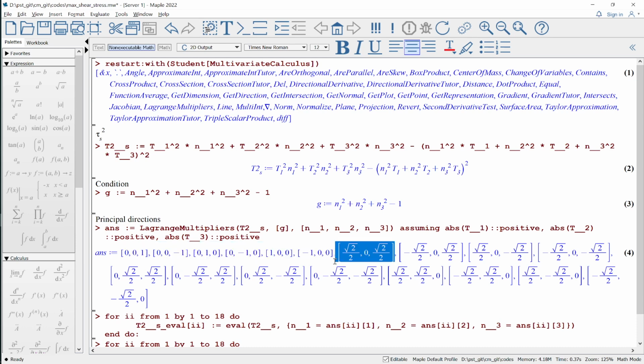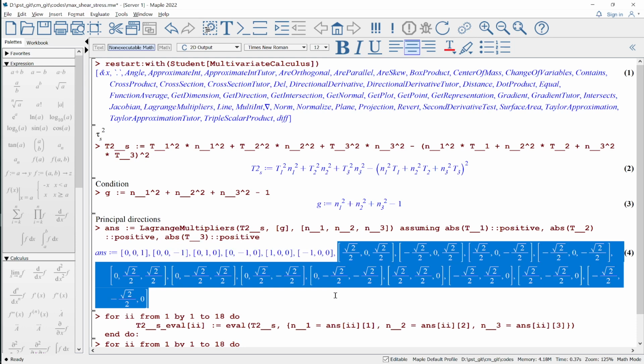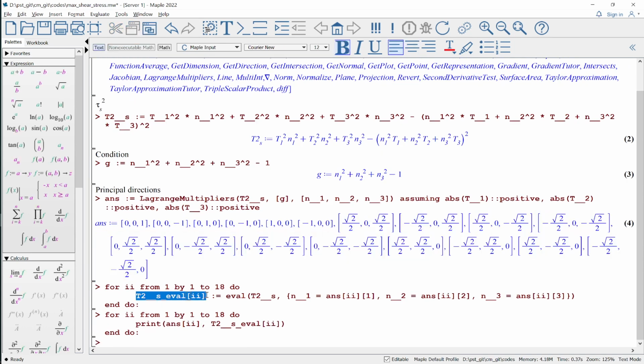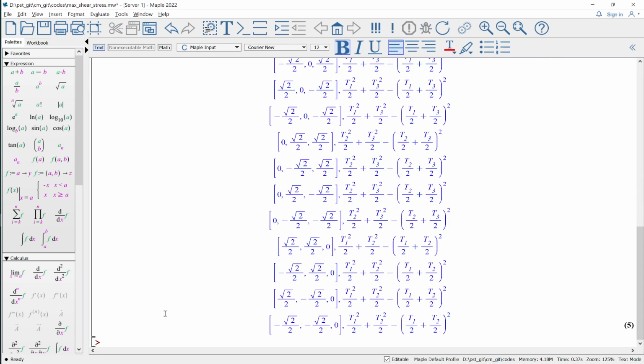And then we have 12 other answers from the second part of the problem, where we had the Lagrange multiplier lambda included. And then here, in a for loop, I evaluate tau s squared for the different values that I get, because then I'm going to print them in a loop.